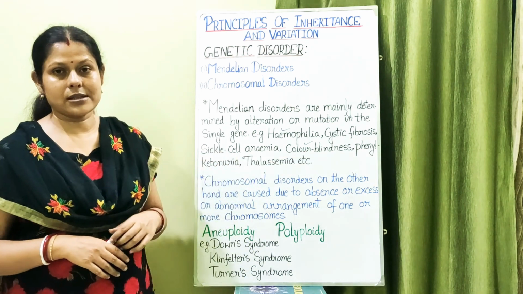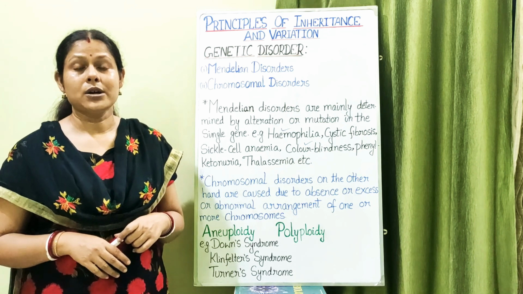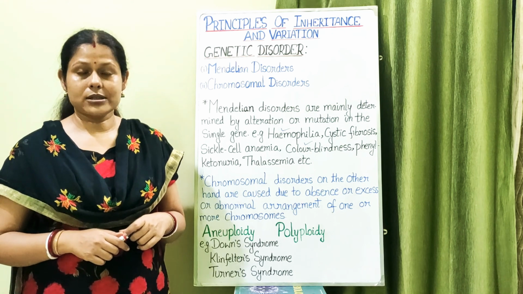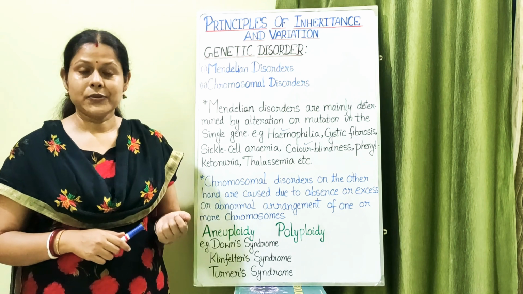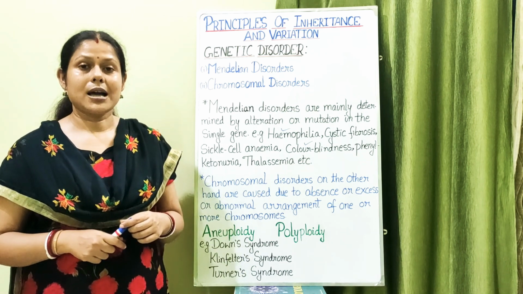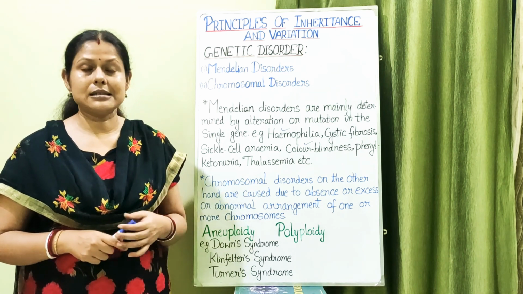Phenylketonuria, this also I have discussed in the previous videos. It is because of the lack of the enzyme phenylalanine hydroxylase, which converts phenylalanine into tyrosine. That enzyme is lacking in people who have the affected gene, and if they are in heterozygous condition, then the intensity of abnormalities is less.